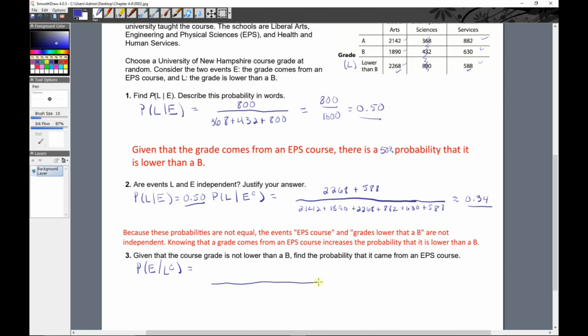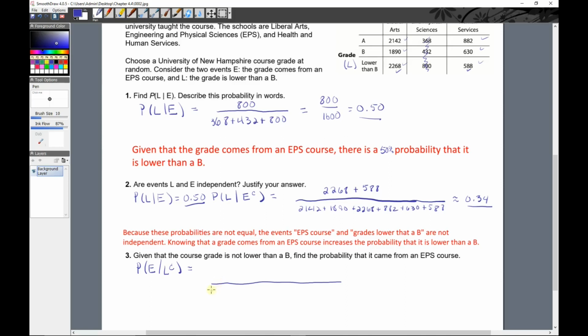And again, this is going to be a long fraction. Not lower than a B would be an A or a B. So that's going to be, let's see, this, and this. I know I've mucked this up for earlier questions, but it's these 6 things.